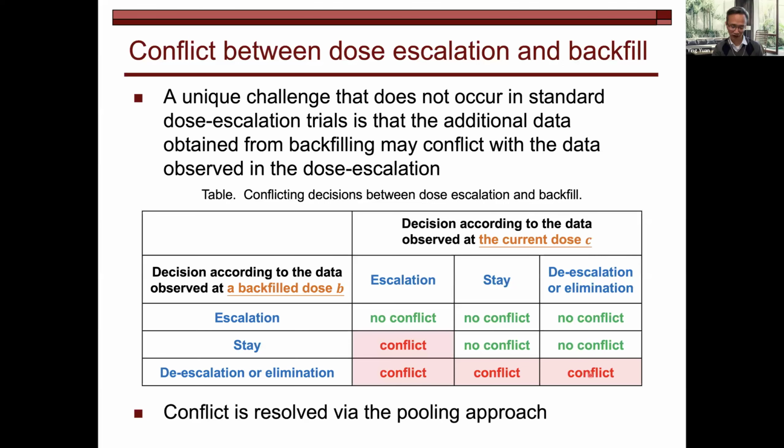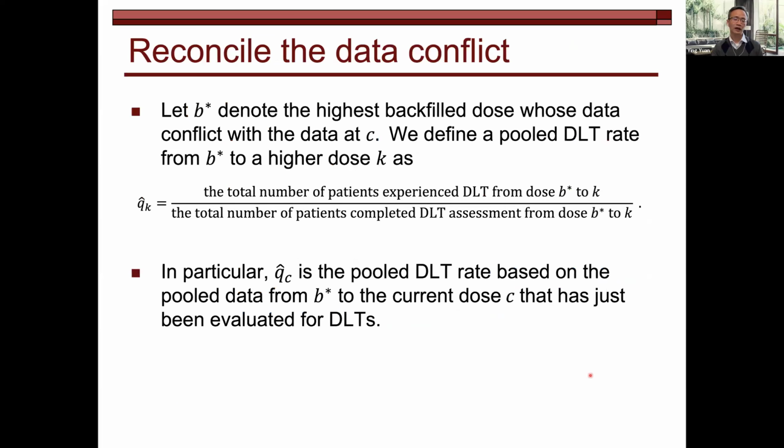And the general strategy to address this conflict is still through a pooling strategy because we want it simple. Again, you can use isotonic regression, and in general, they have very similar performance. And how do we pool it? Here we define a pooled toxicity rate, Q_K. Essentially, it's data pooled from where we have conflict.